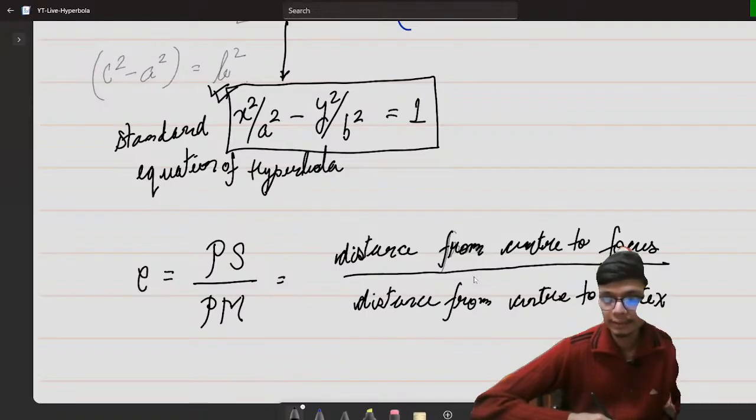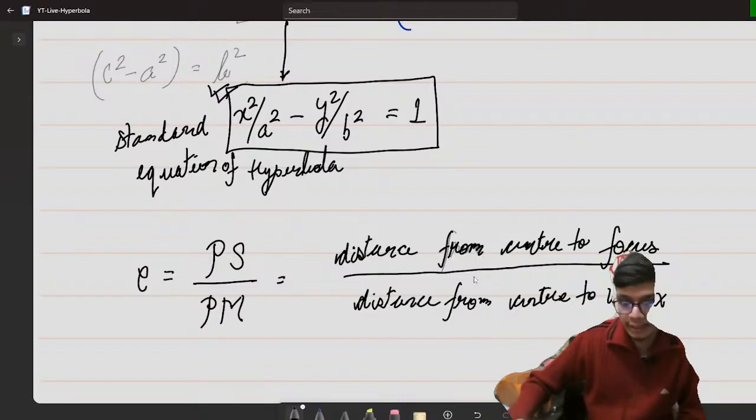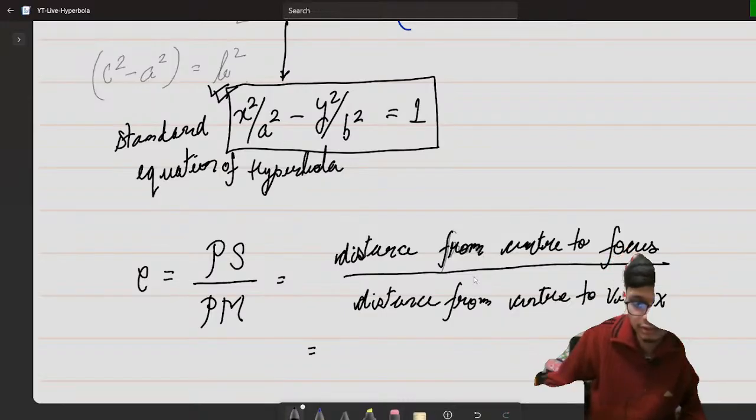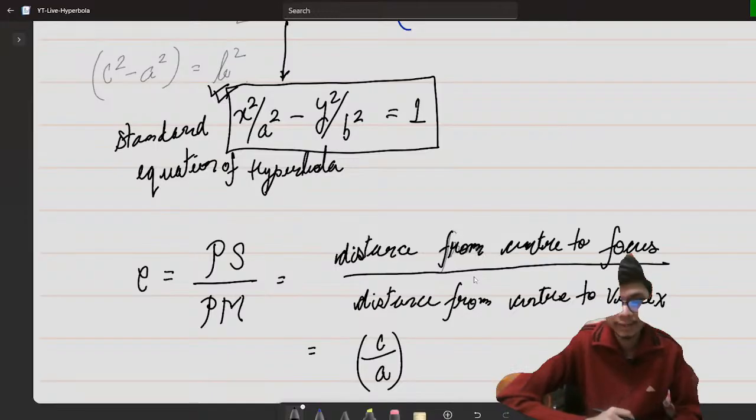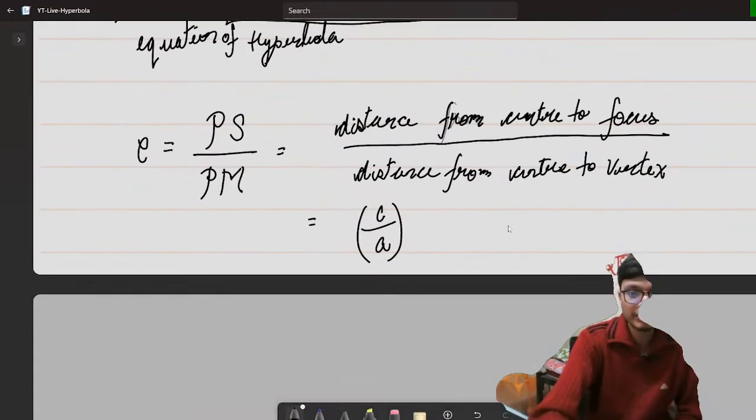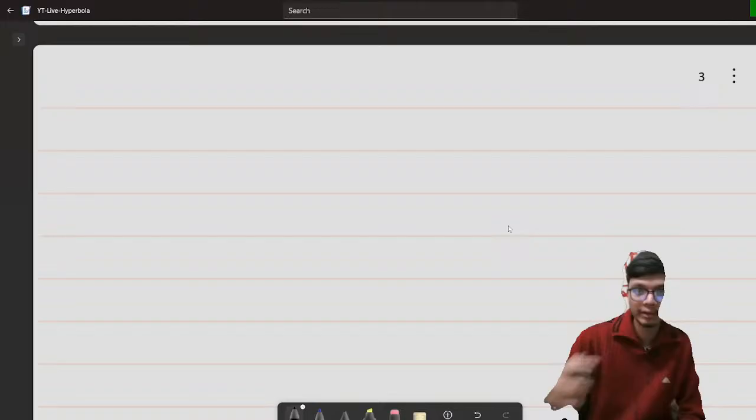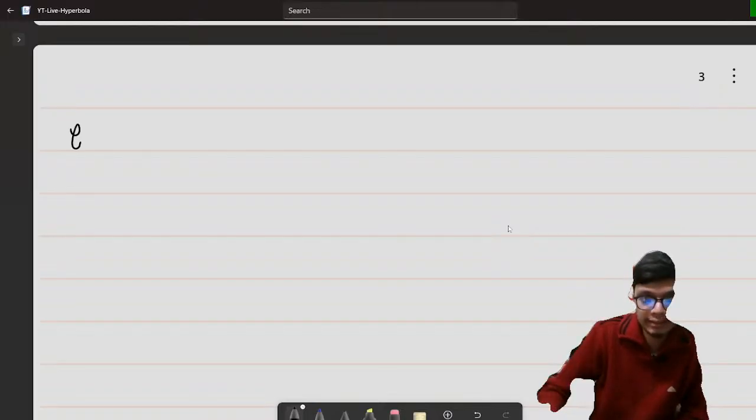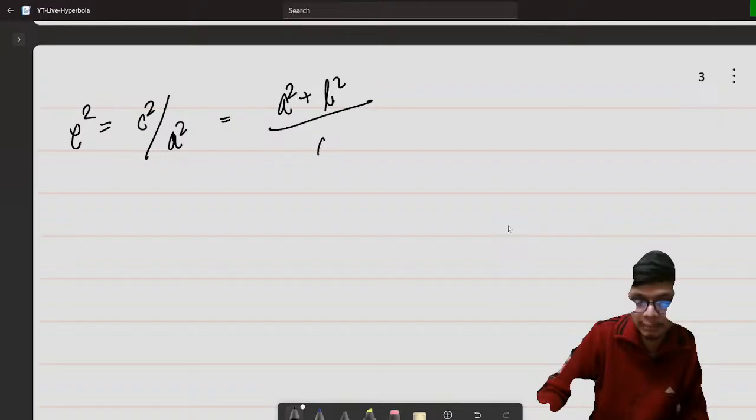Once we understand this, the distance of the center from the focus over the distance of the center from the vertex can be given as c upon a, right? Now we have to derive an equation relating the eccentricity. I can take the square on both sides, so it will be c square by a square, and I know c square is basically a square plus b square, divided by a square.